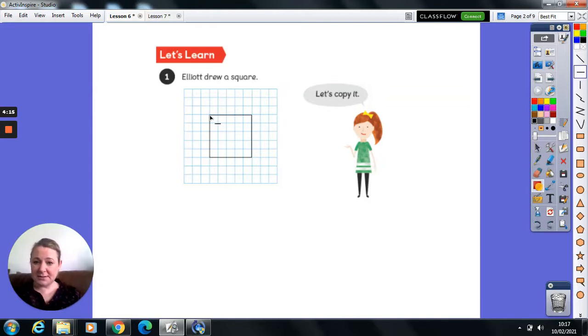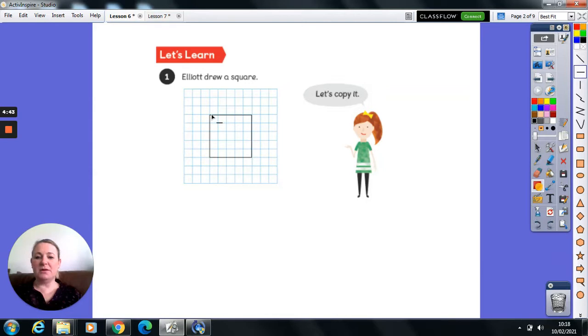Okay, so here's 0, 1, 2, 3, 4, 5. She's made the horizontal line 5 squares long. So this also should be 5 squares, because I know a square has sides that are all the same. Let's count and say 0, 1, 2, 3, 4, 5.